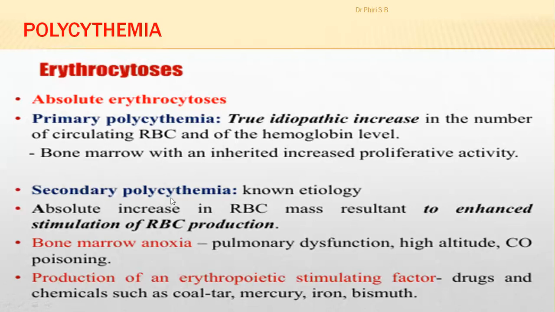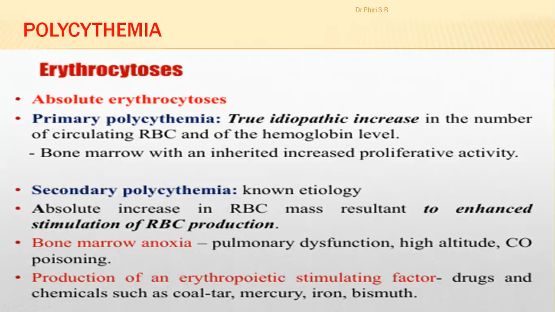In secondary polycythemia, with a known etiology, there is absolute increase in red blood cell mass, resultant to enhanced stimulation of red blood cell production. So here you have enhanced production of red blood cells as a result of diseases that are affecting the production of erythropoietin in general. Erythropoietin is coming from the kidneys, about 85%, 15% is coming from the liver.